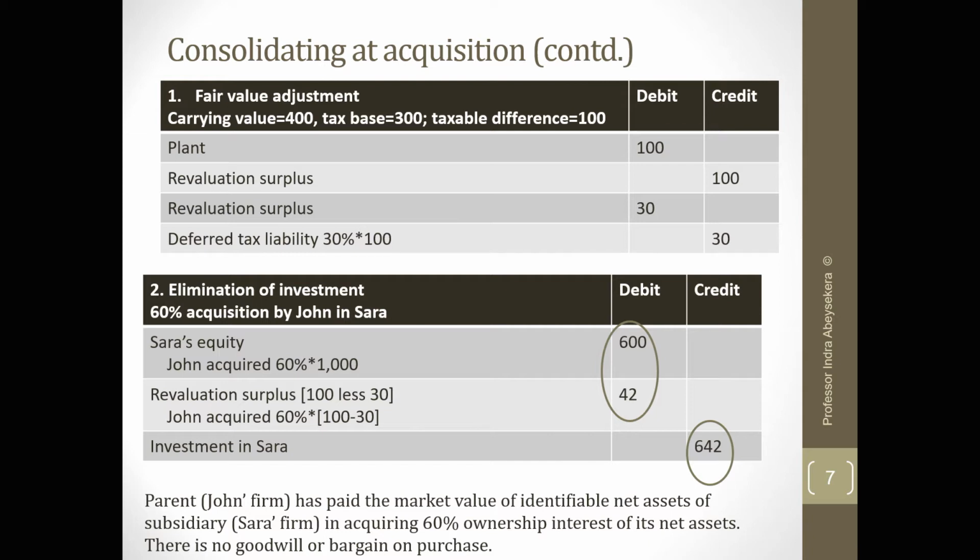Revaluation surplus there is 100 less 30, so there is $70 worth of revaluation surplus. But from the revaluation surplus, John acquired 60%, so 42. Debit Sarah's equity 600, debit revaluation surplus 42 and credit investment in Sarah 642.